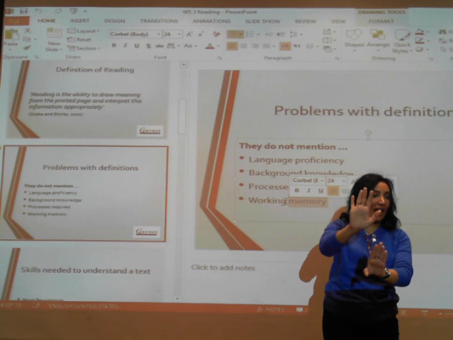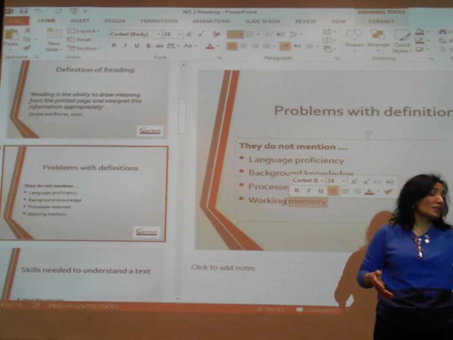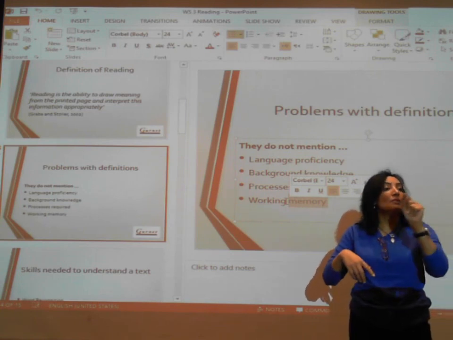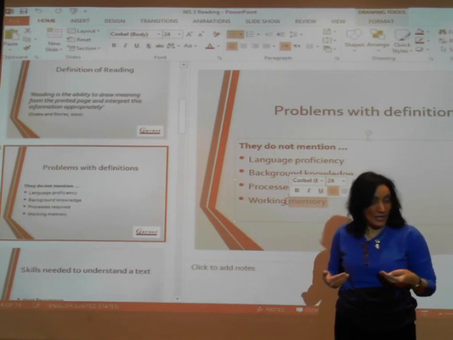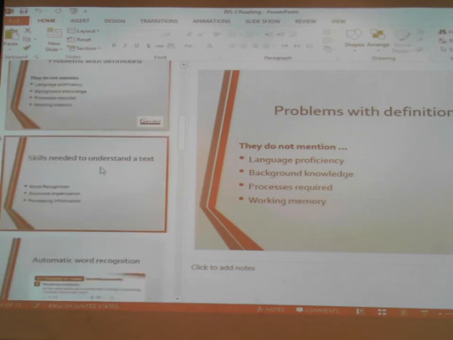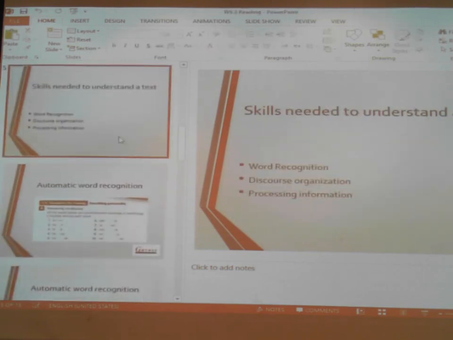That's why I'm providing you with another article that helps you discover and scaffold about that concept in order to be able to write something about it, okay? How is that going to be done in our reading passages? We said that the first level is word recognition, the second is discourse organization, the third is processing information.